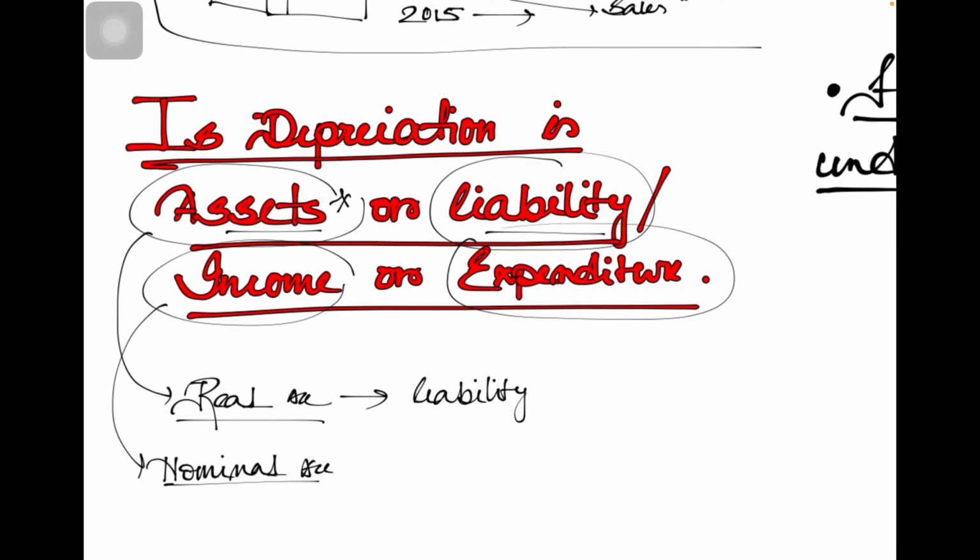That's why under the double entry system, mostly in the balance sheet, we are reducing the depreciation from the asset, since it is a provision, or rather a kind of reserve, more like a reserve. So we can treat depreciation as a type of liability if it is going to be your responsibility to charge depreciation every year, at any particular rate or any particular method.